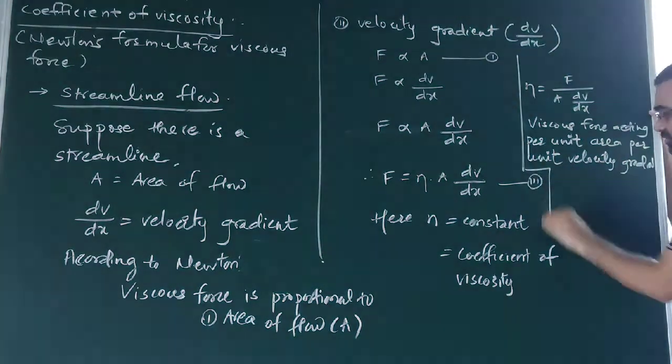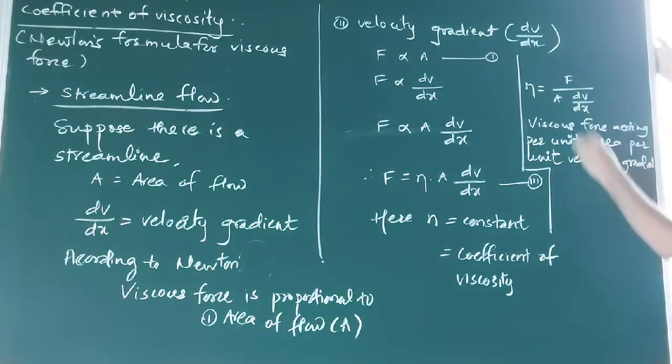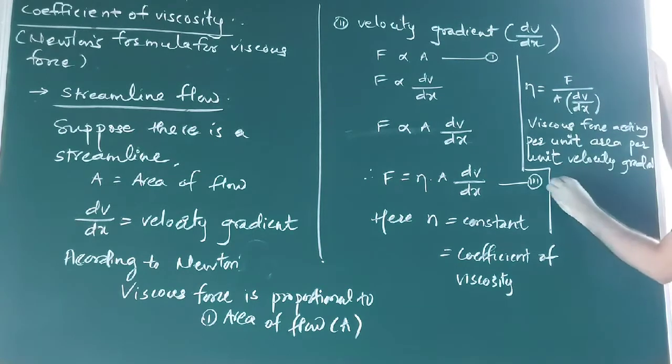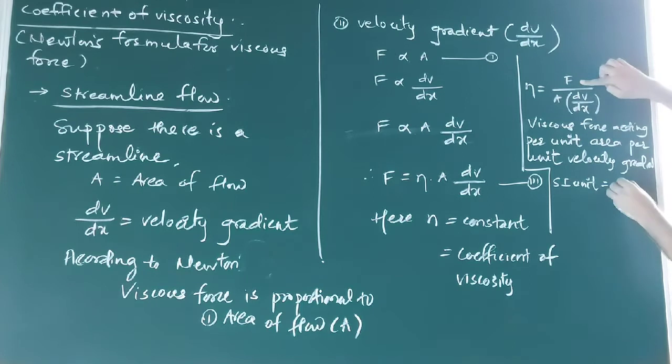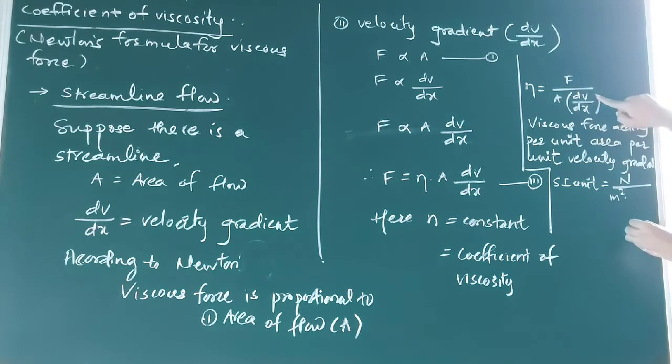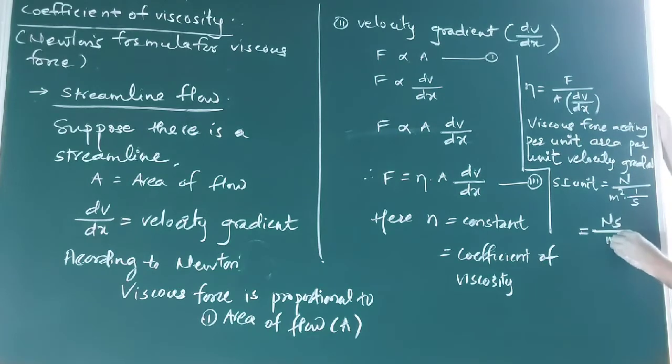Using this formula we can also find out the SI unit. For force, the SI unit is Newton. Area is meter square, and velocity gradient is meter per second upon meter, so it is 1 upon second. So altogether I can write it is Newton second per meter square.